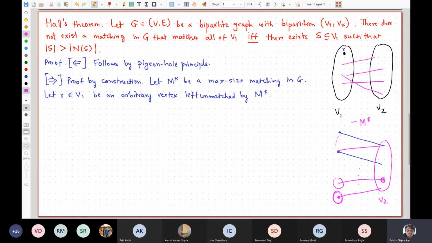So let us look at all of these vertices which I'm able to reach from this R using alternating paths.